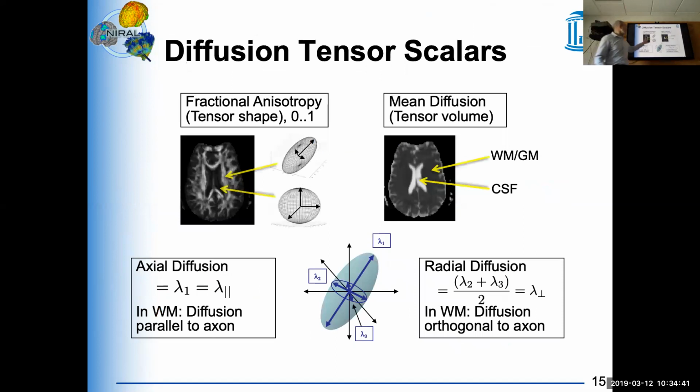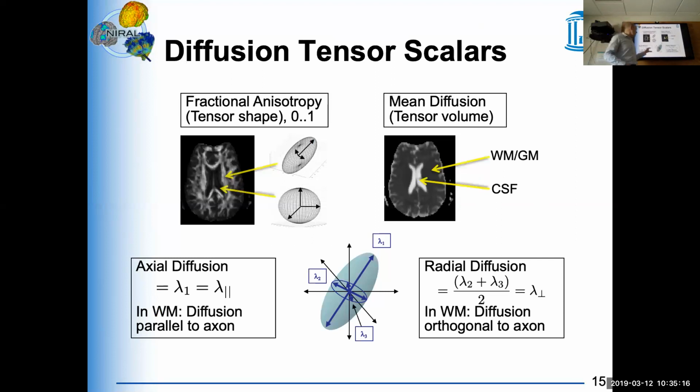In addition to these two mainly used properties, we also compute two more: axial diffusion, or parallel diffusion, and radial diffusion, or orthogonal diffusion. Consider them size measurements that only focus on part of the tensor. Axial diffusion only focuses on the diffusion along the major axis, the main diffusion axis, so lambda 1, and radial diffusion focuses only on the other two.